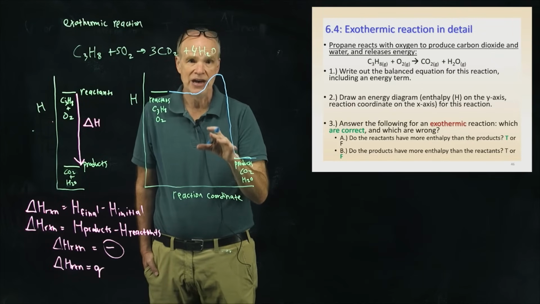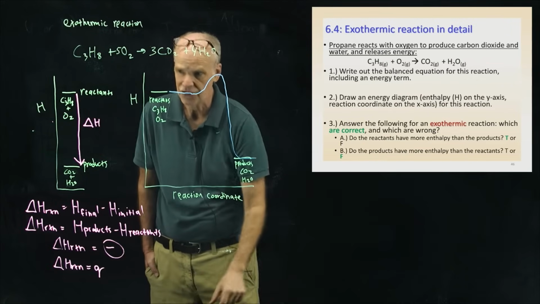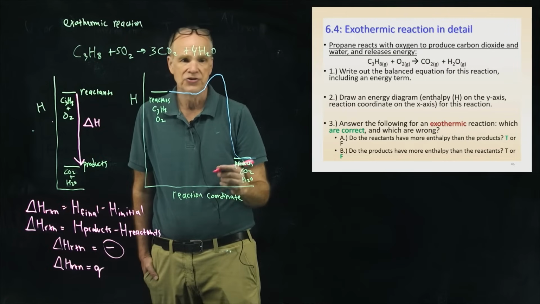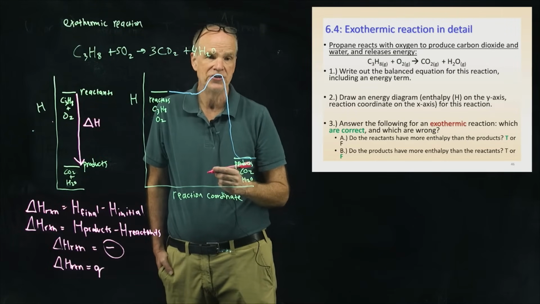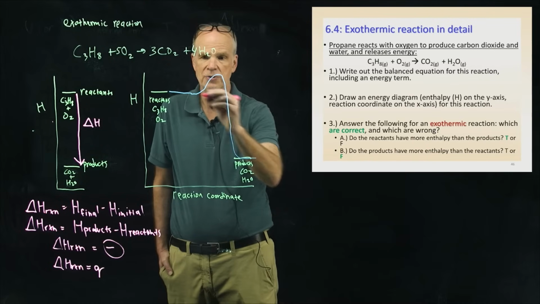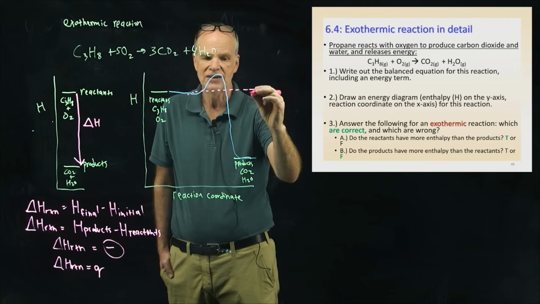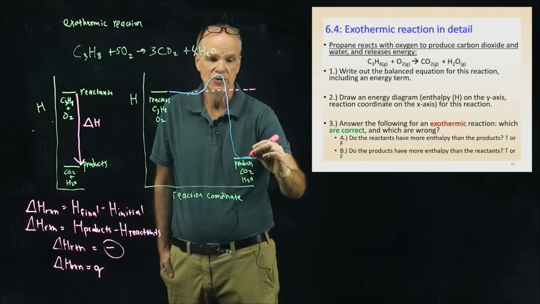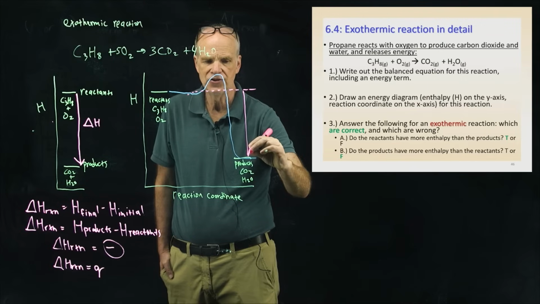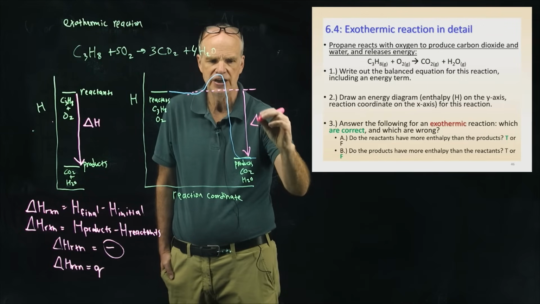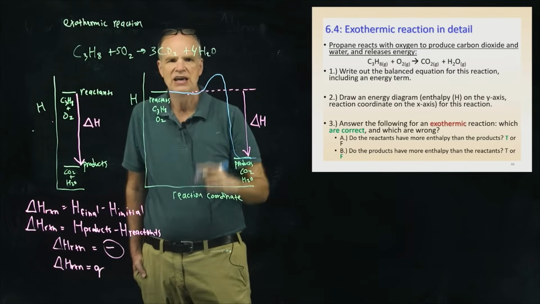Now, from this diagram, you can figure out what the change of enthalpy is, and so let me show you how to do that. And so what is the change of enthalpy? The change of enthalpy, again, is just the difference of enthalpy of the reactants from the products. So if we go over here, here is the approximate enthalpy of the reactants. And so here is the approximate enthalpy of the products. And so the change of enthalpy of the reactants versus the products here is delta H. Okay, now what is this bump of energy here?